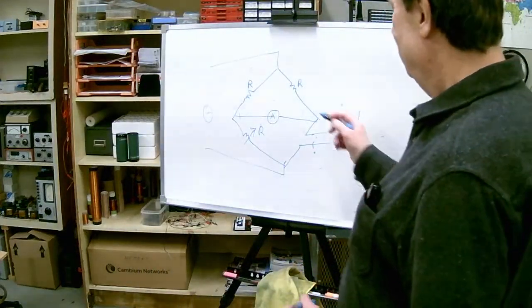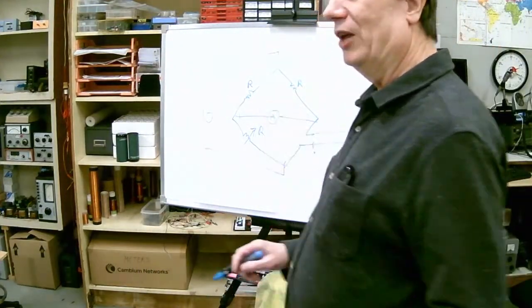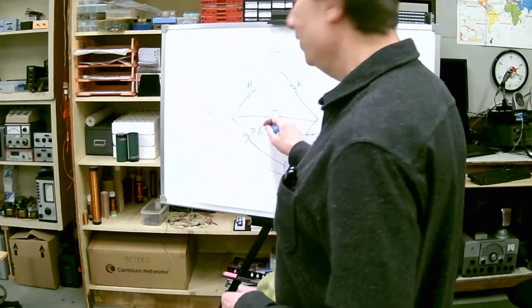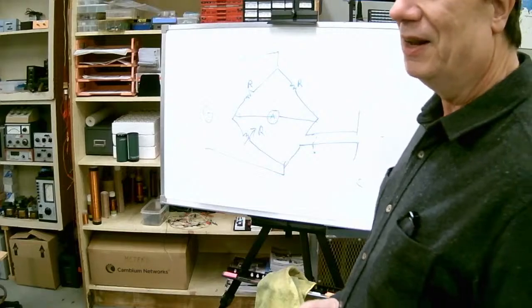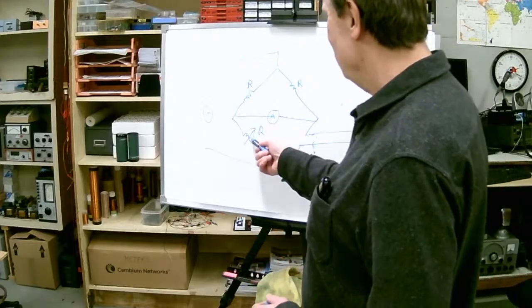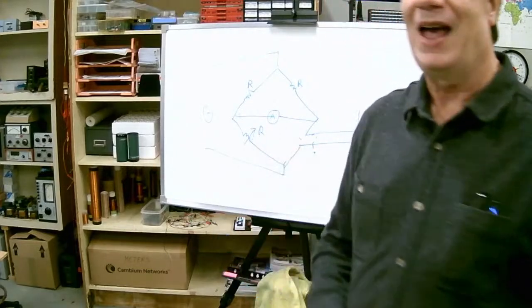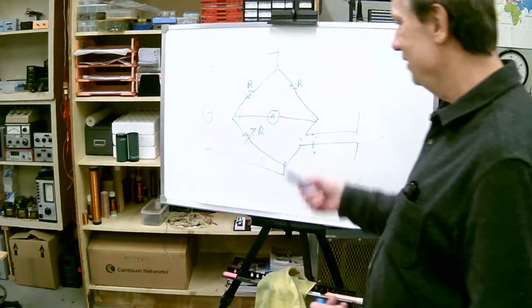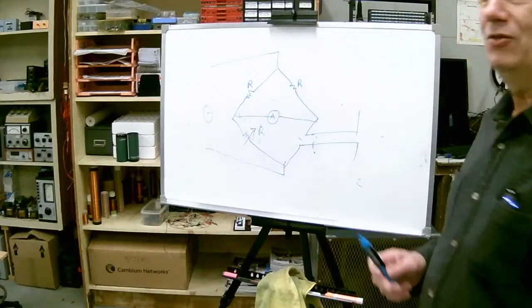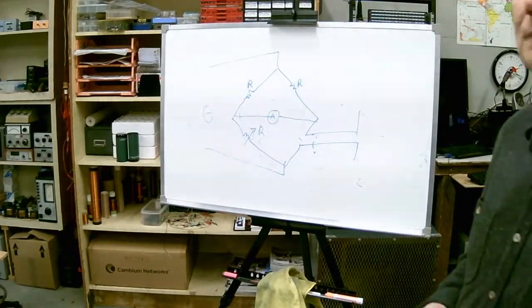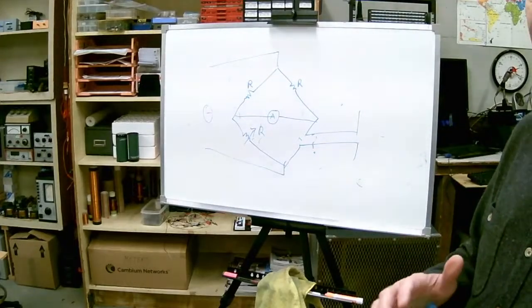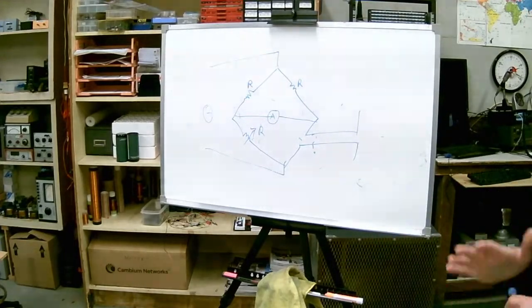We'll make these two resistors the same, put a signal in here, and adjust this until we get a null. When we get a null, we know that this value of resistance has got to be equal to that. So we measure this, or we have a dial on it already, and then we know that this is going to equal the radiation resistance of the antenna. What do you call this? It's called an RF bridge, impedance bridge.